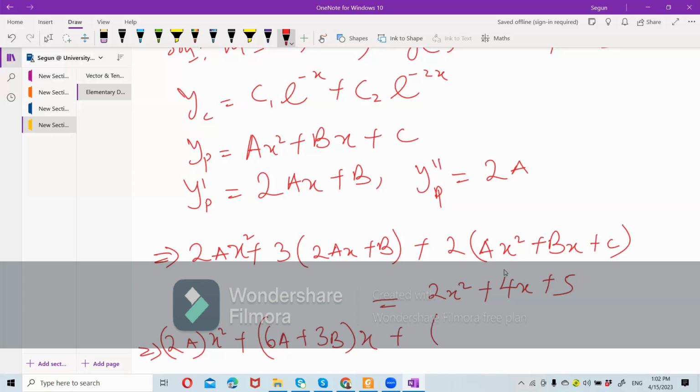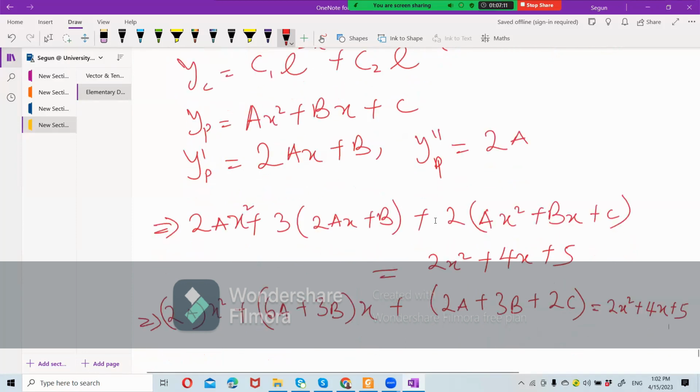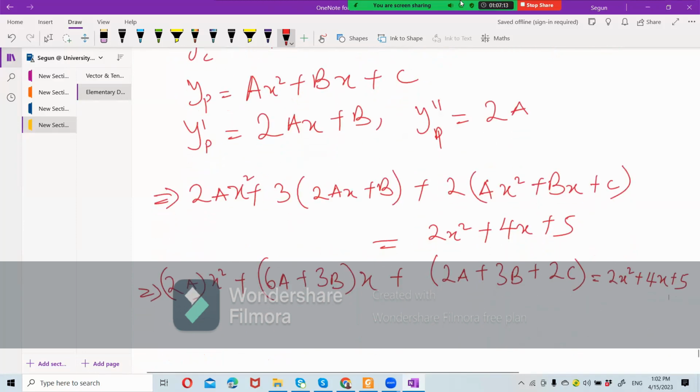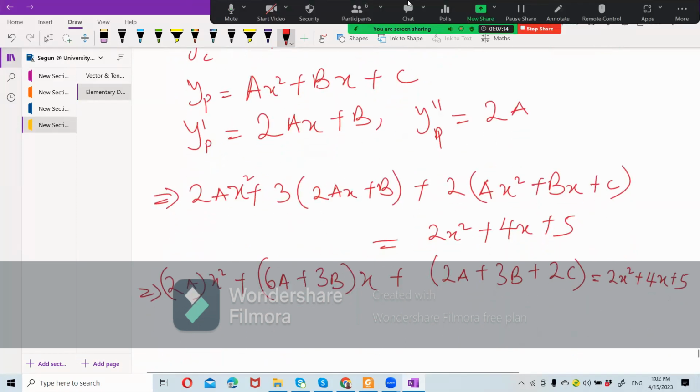Plus 2a, 3b plus 2c. Do we agree? Yes, sir. So what is A? What is B? And what is C? Can we quickly do that in 1 minute? Please do it.